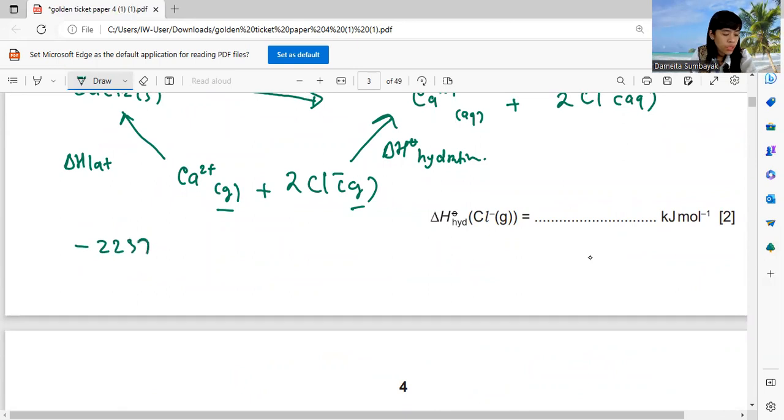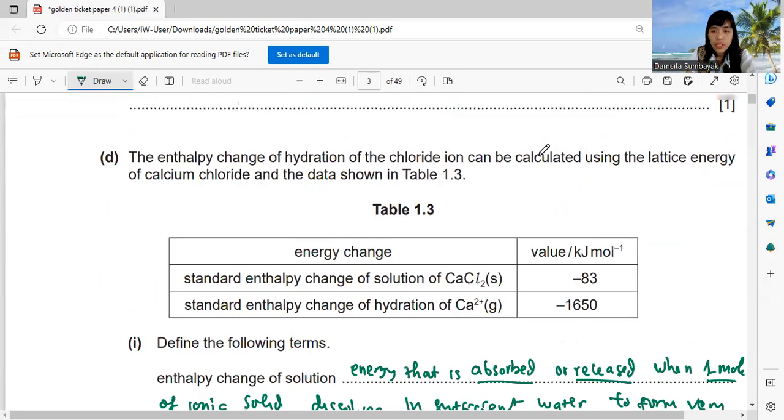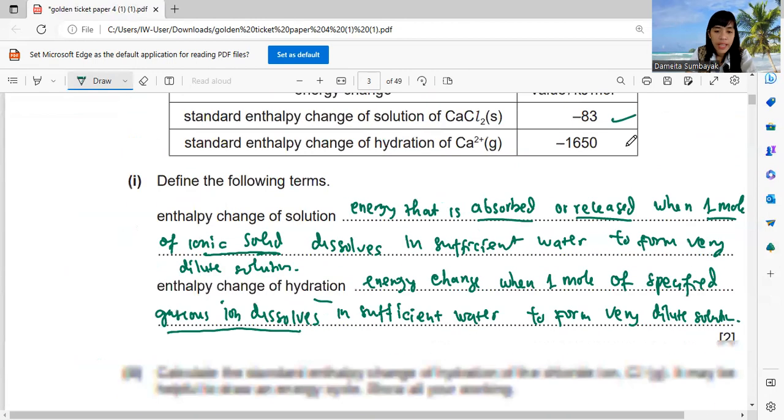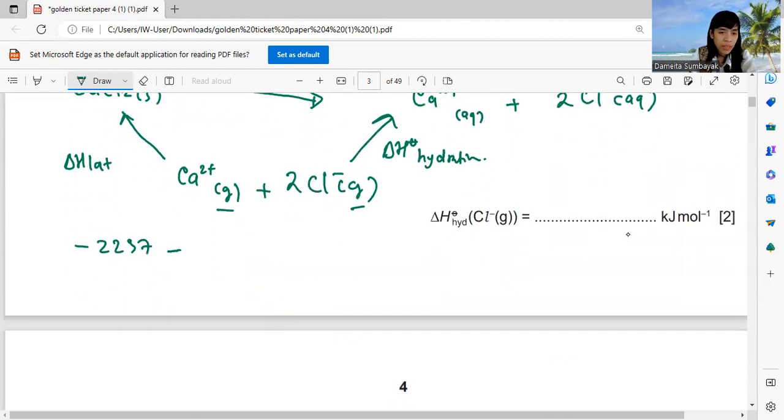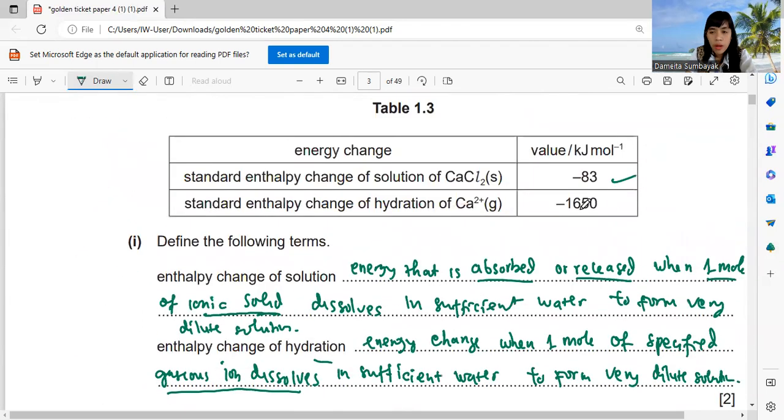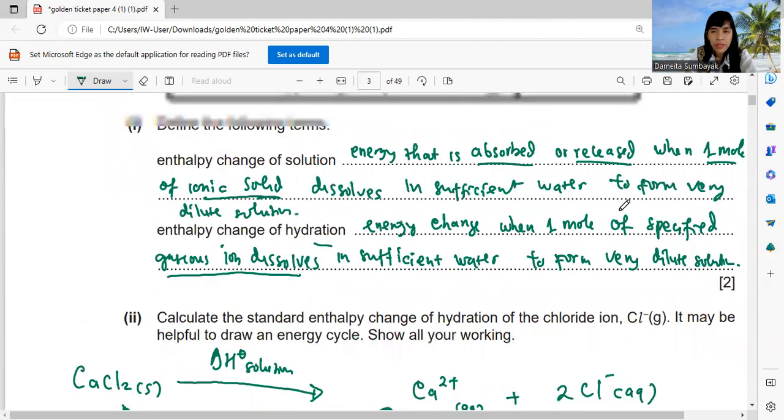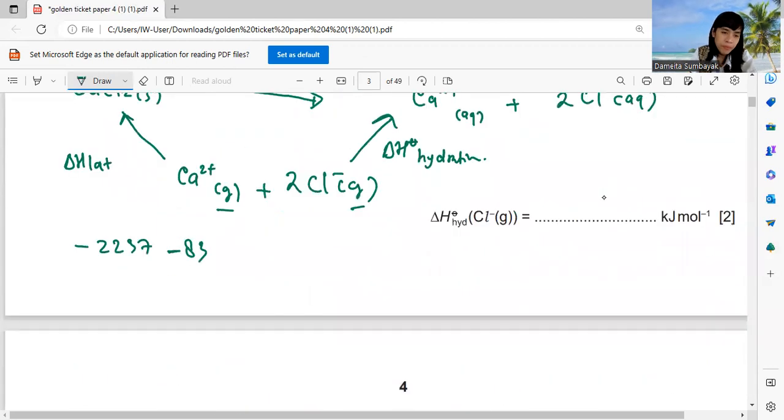Negative 2237 minus, okay, then delta H solution we have negative 83, and then hydration we have negative 1650, divided by 2, because there are two coefficients there.